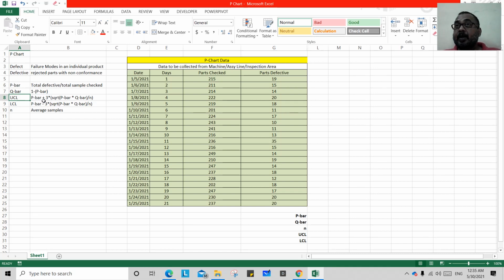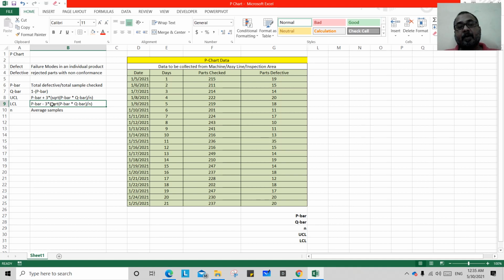What does it denote? This denotes mean plus 3 sigma, which is your UCL, and LCL is mean minus 3 sigma.